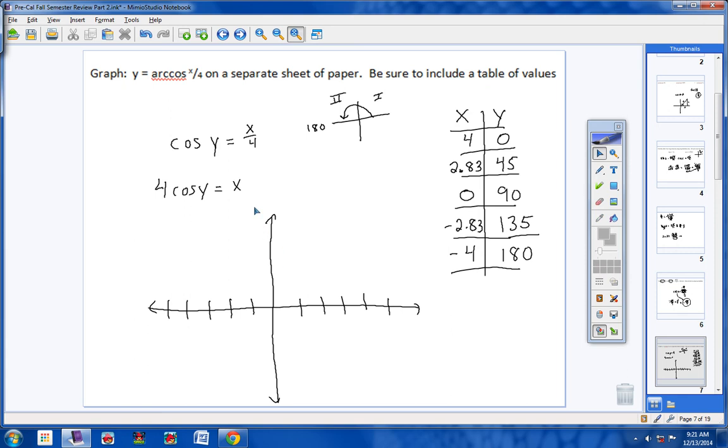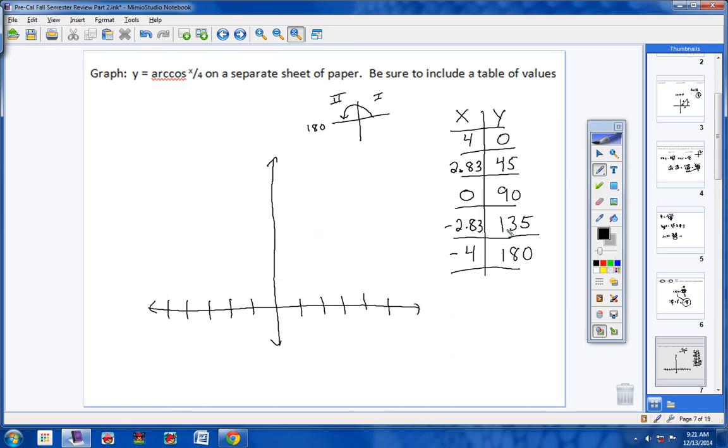I probably should have just done this, if at all possible. I really don't need any negative y-axis. So there we go. All I need is positive.